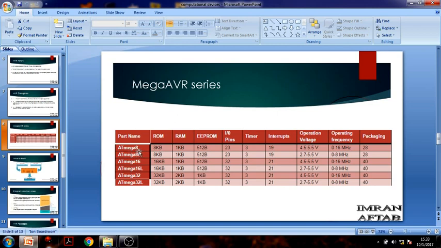What is 8? Is it denoting 8-bit or ROM? It is denoting ROM: 8 KB of ROM. Suppose we use ATmega16, that means it has 16 KB of ROM. So the last number denotes its ROM size.